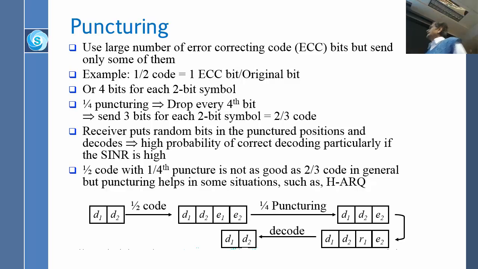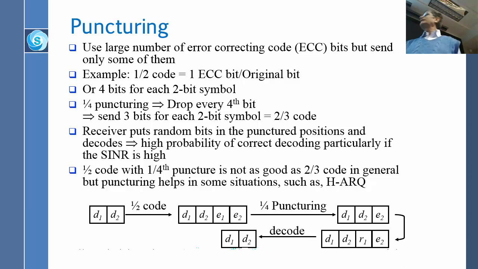Okay. Now, when you get to the receiver, you don't know what the 4th bit was because they dropped it already before transmission. So you put some R1. R1 is not known, right? You put an unknown there. Now, because you have a code, that code will tell you what R1 should be. You can correct the errors, right?